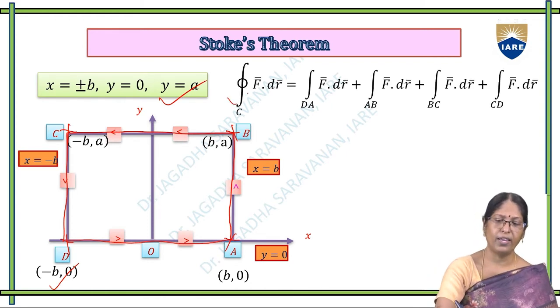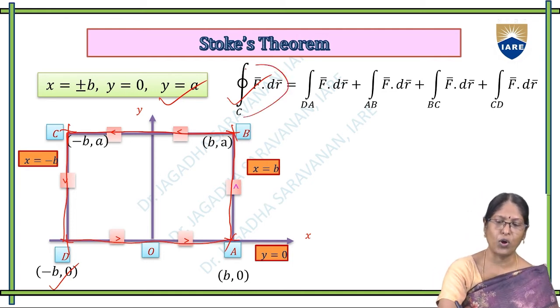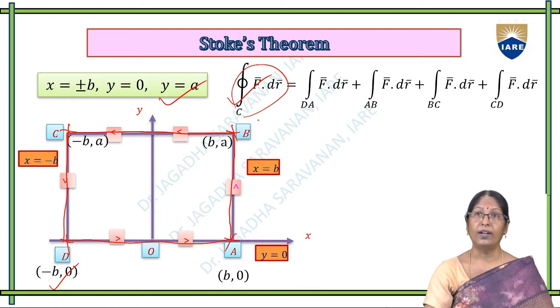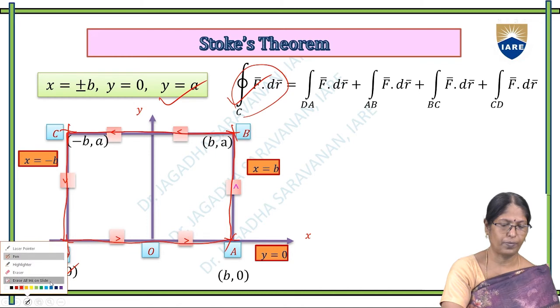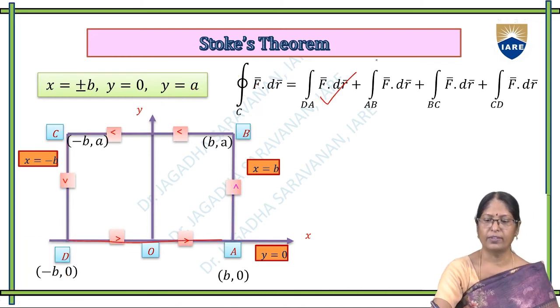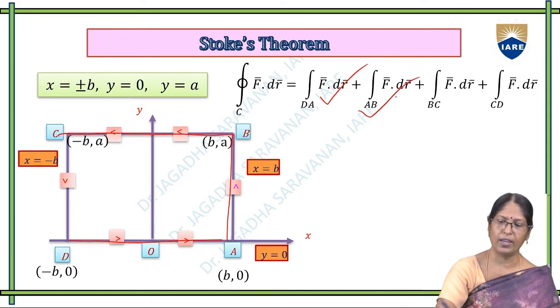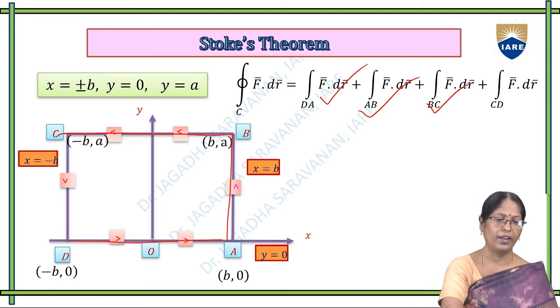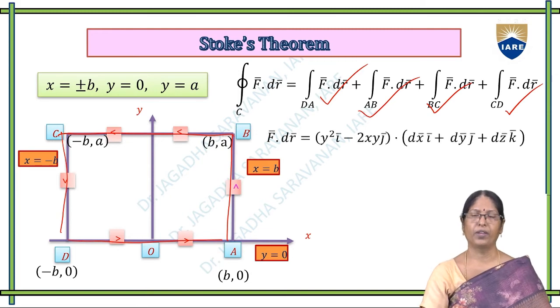Now we can see here, the line integral over C of f dot dr is the line integral formula. According to our problem, DA is the first line integral, next AB the second line integral, next BC our third line integral, next CD the fourth line integral.